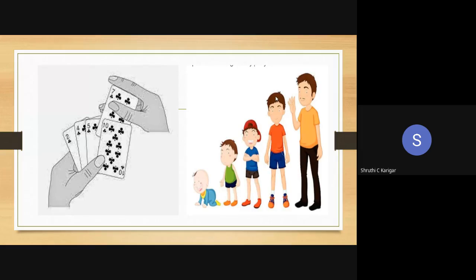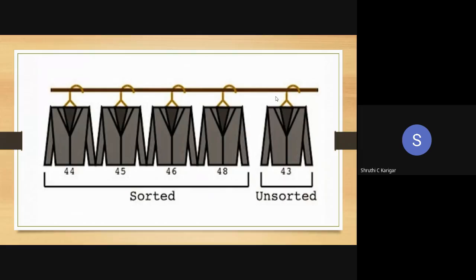For your understanding, I have taken this, and this is also one more example for sorting. Here these are shoes, and we have something called size for the shoes. You can observe the size here: it starts from 44, then 45, 46, and then 48.